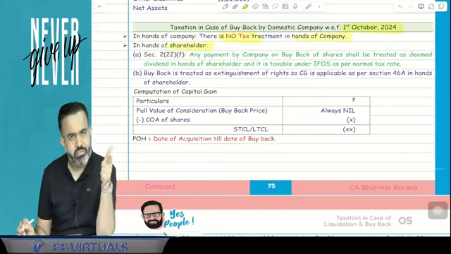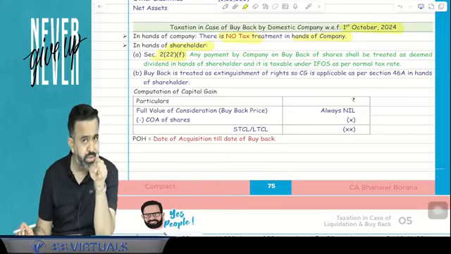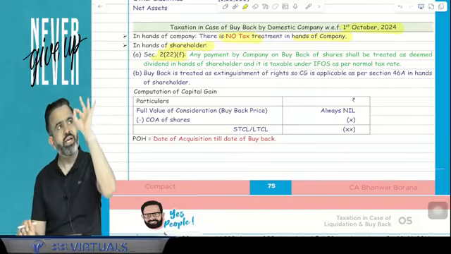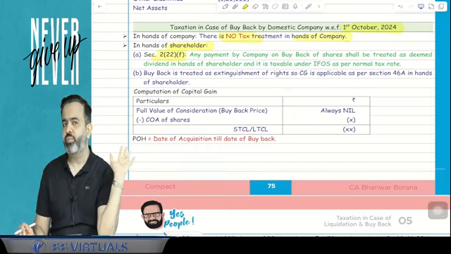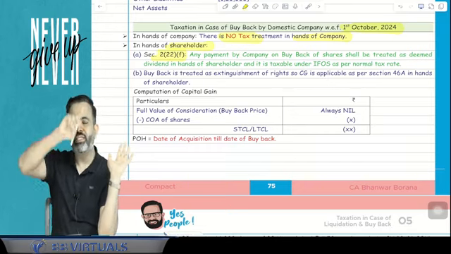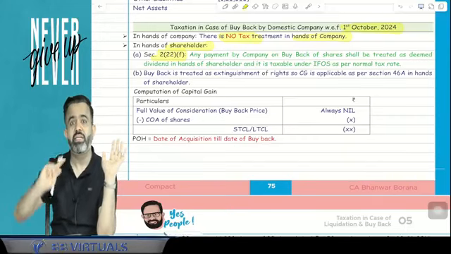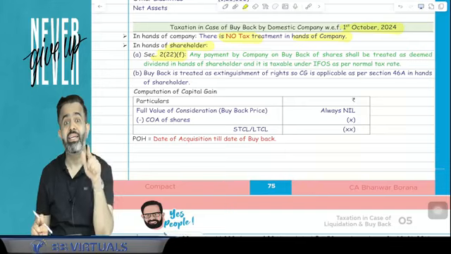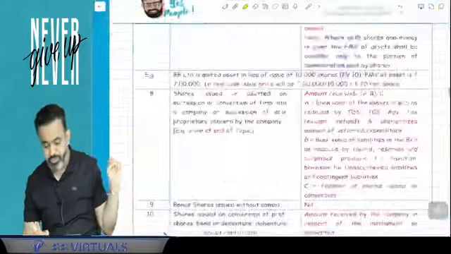In the hands of the shareholder, they have introduced one section 222F. And guys, remember, against this 222F deemed dividend, any expenditure is also not allowed. You know that normally against dividend or deemed dividend, expenditure is allowed. That is 20% of expenditure is allowed, that is interest is allowed. You know that we have discussed under section 57 of IFOS.